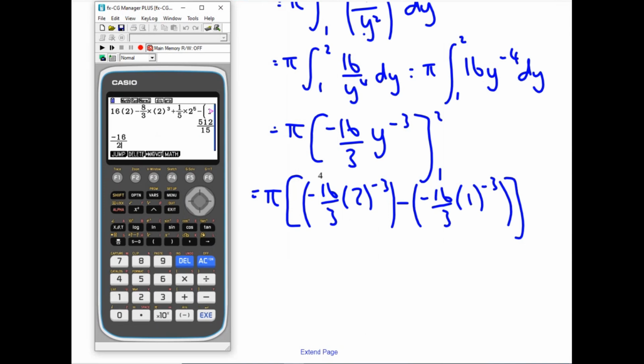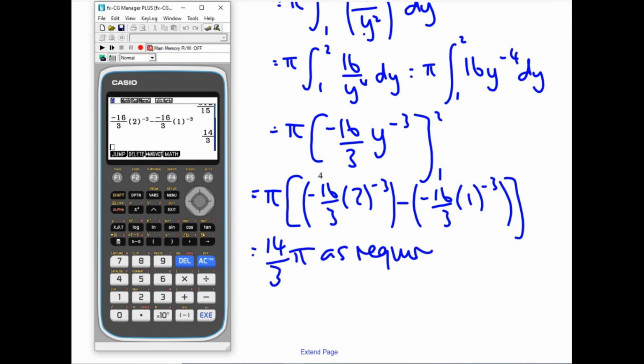Minus 16 over 3 times 2 to the minus 3, and then minus 16 over 3 times 1 to the minus 3, which gives me 14 over 6. If you want units, you can put units cubed, but you don't have to. You won't get marks for it.